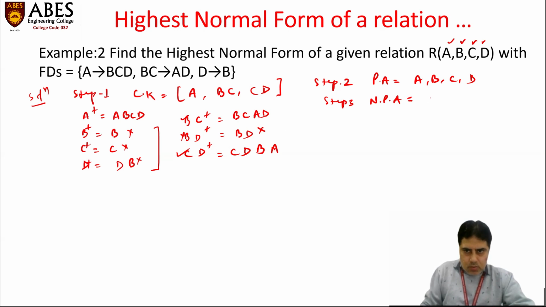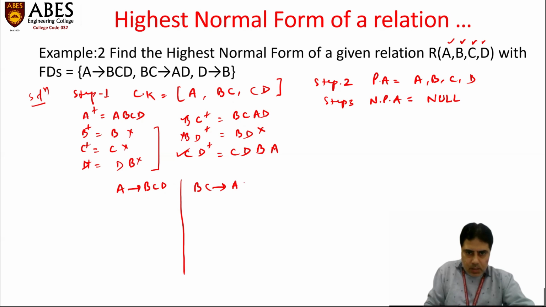There is no non-prime attribute. This is null. Now check for the highest normal form. The given functional dependencies are A determines BCD, BC determines AD, and D determines B.